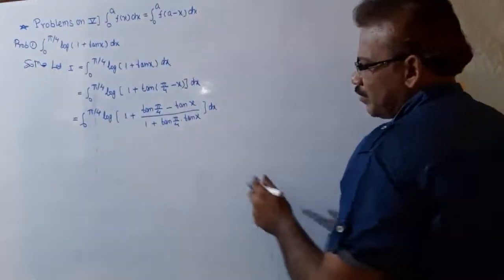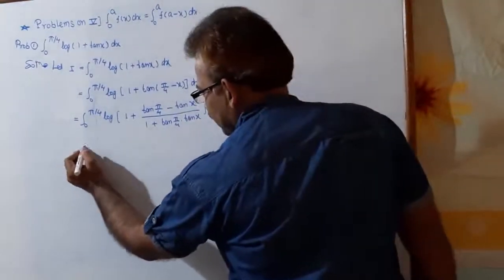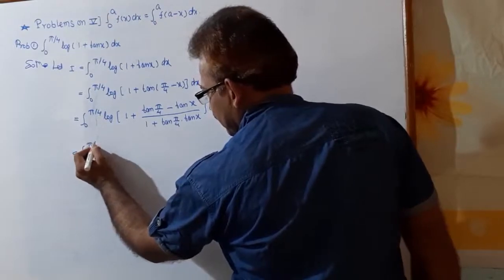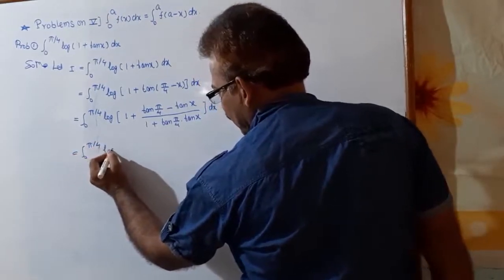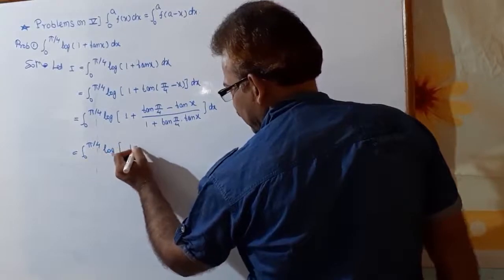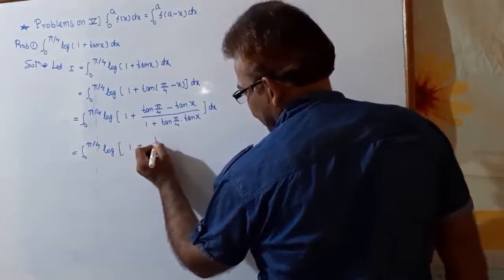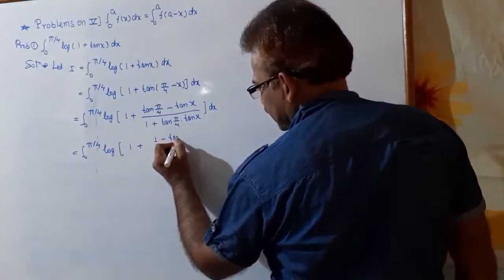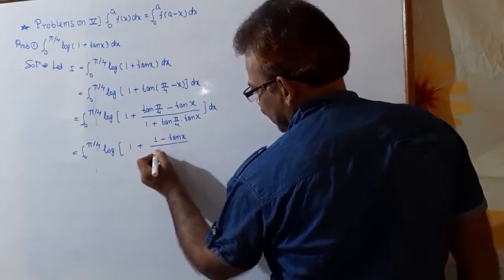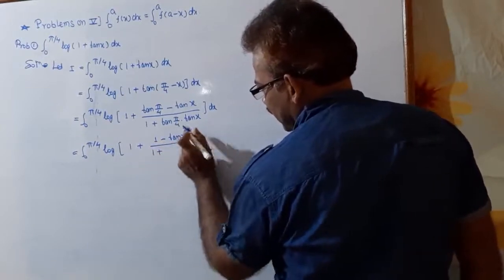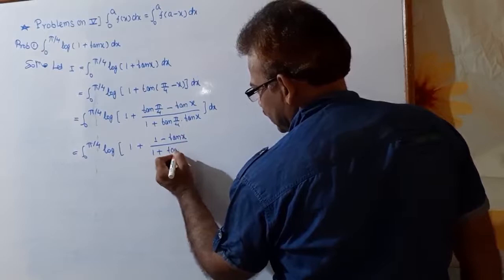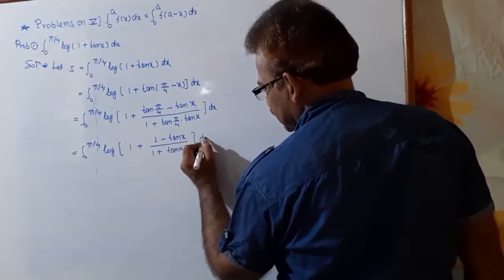We know the value of tan pi by 4 is 1, so it is equal to integration from 0 to pi by 4 log in bracket 1 plus (tan pi by 4, 1, minus tan x) divided by (1 plus again tan pi by 4, 1, into tan x, is tan x) dx.